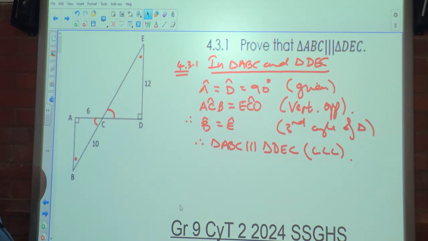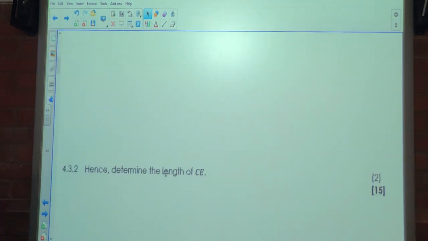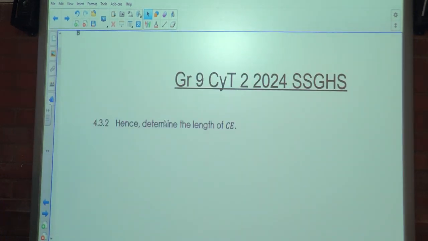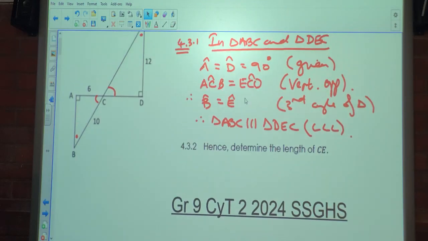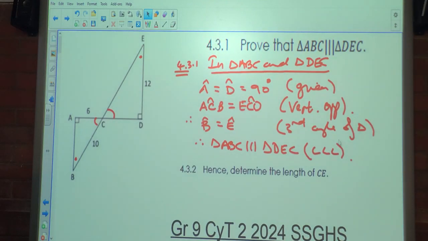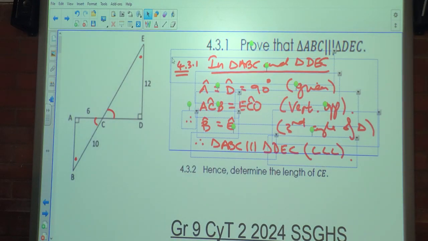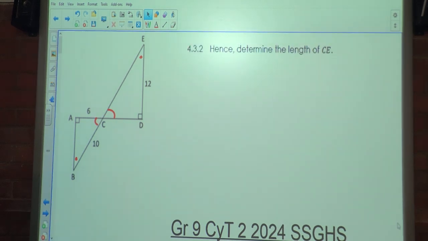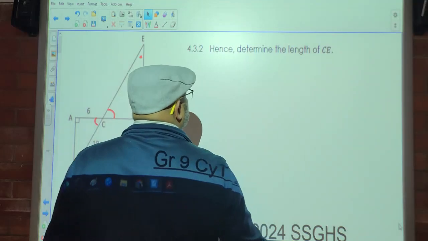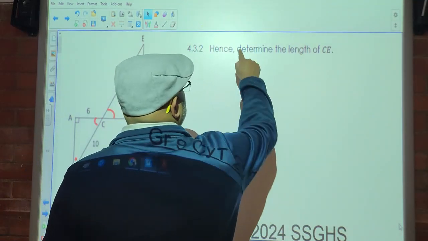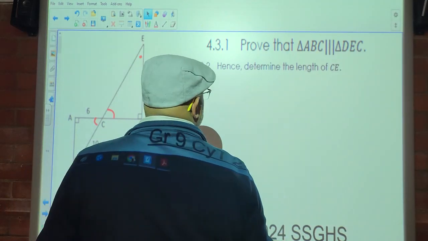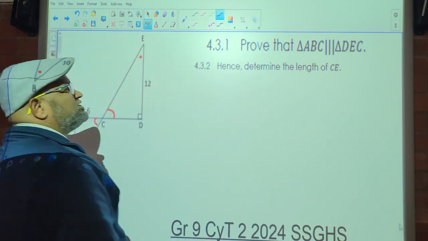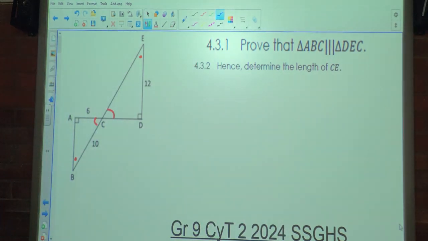Look at the next question. The next is, hence determine the length of CE. So we just proved now that triangle ABC is similar to triangle DEC.